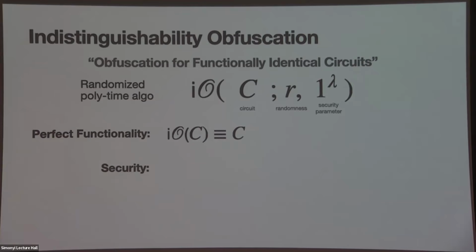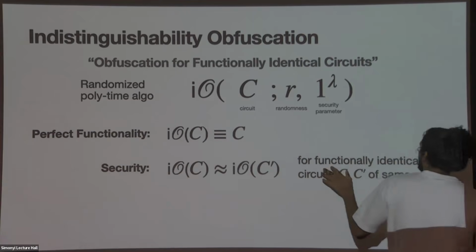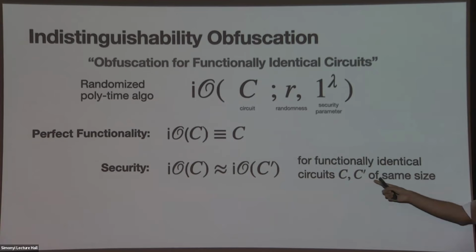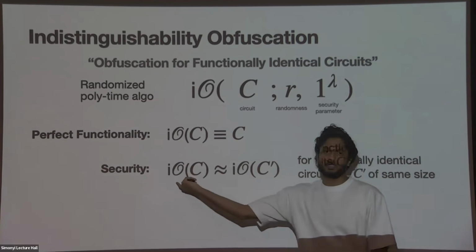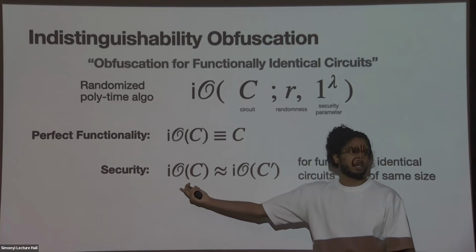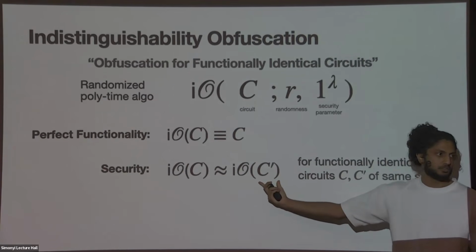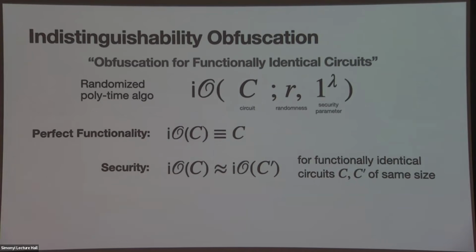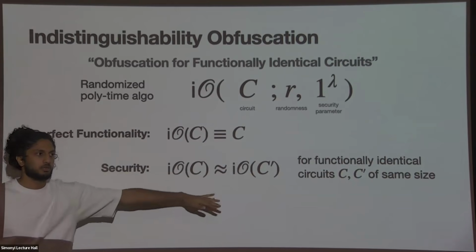The second thing is security, which is a kind of strange thing. If you hand me two functionally identical circuits, C and C prime, of the same size, then the distribution of obfuscated circuits I get from C is computationally indistinguishable from the distribution of obfuscated circuits I get from C prime. If I start off with two functionally identical circuits of the same size and obfuscate them, you can't tell which one I started with.